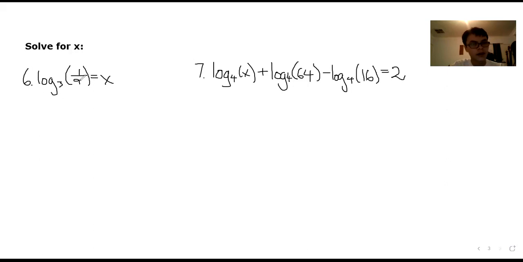Well, before we get into that, let's convert this 1/9 into its index format. So we have that equals log to base 3, and then that's going to be 1/3 to the power of 2 equals x.